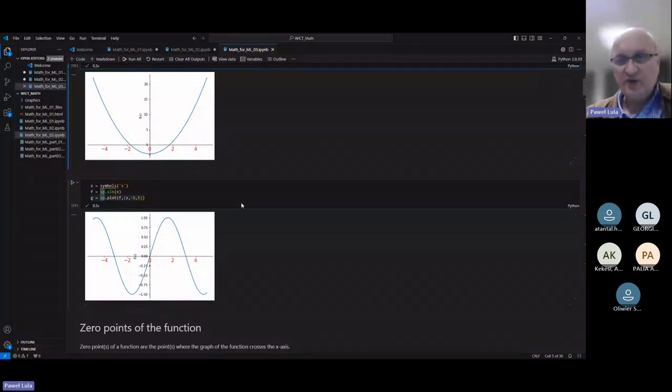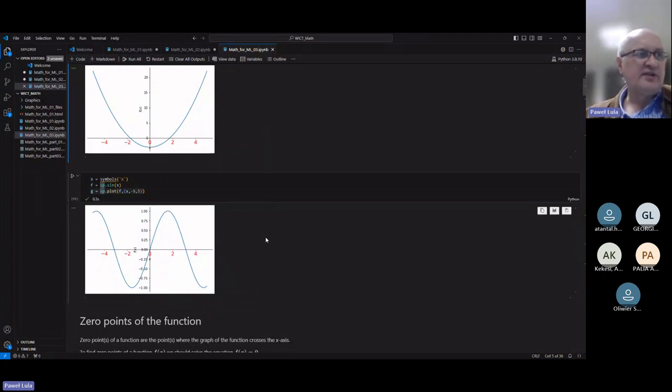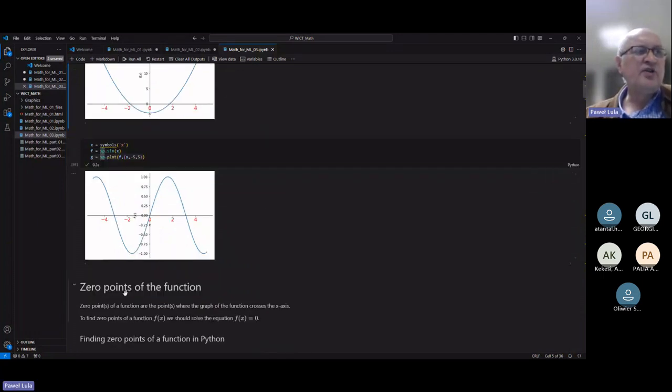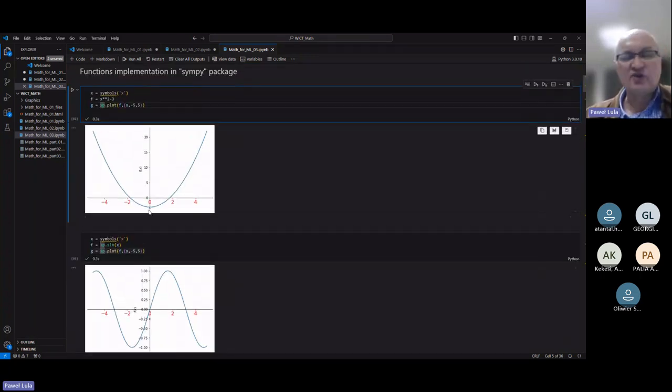One of the first features which I am going to discuss is related to zero points of a given function. For every function, for example, for this function, we can define zero points.